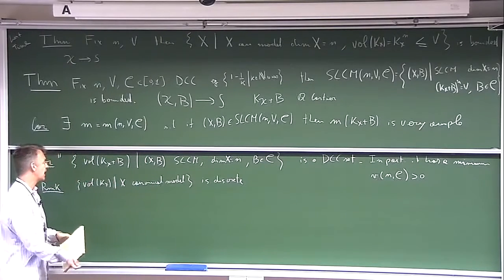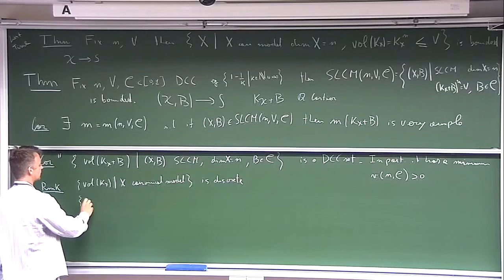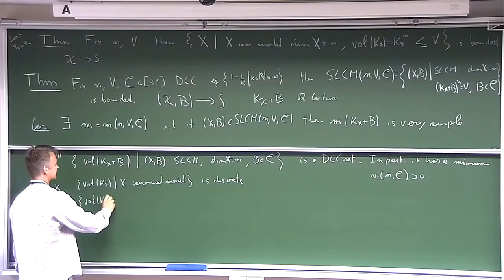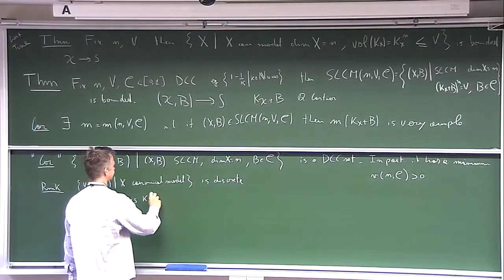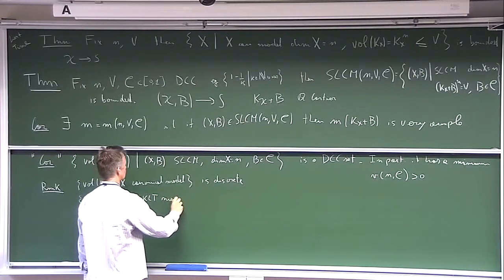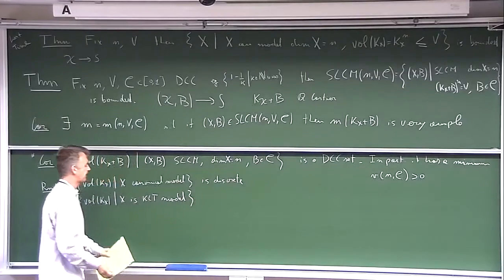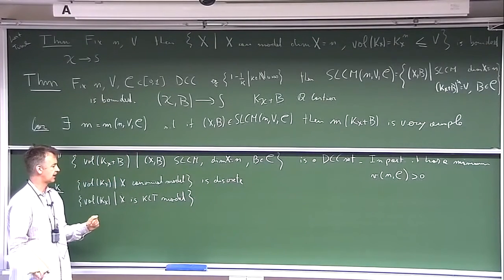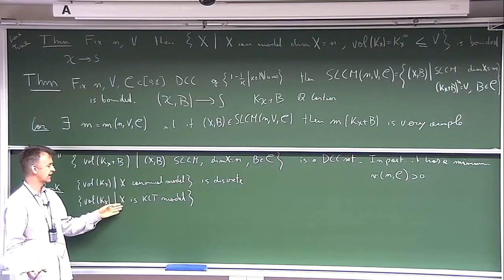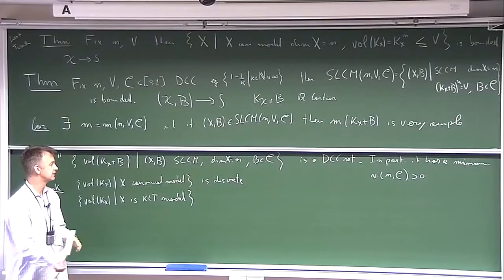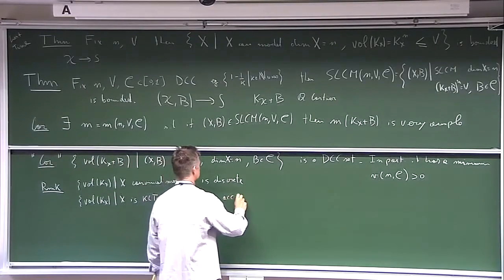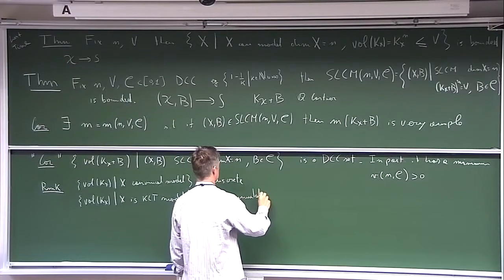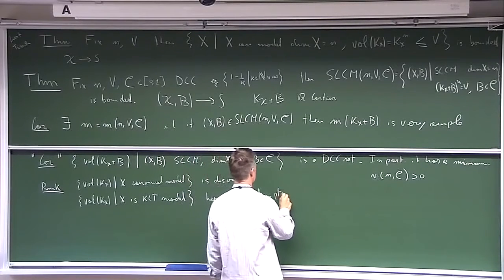So clearly, however, if I just look at the set of volumes of K_X with the property that X is, let's say, a KLT model. I haven't formally defined KLT model, but by that I mean that the class of K_X is a Q-Cartier ample divisor, and it has KLT singularities, then this actually has accumulation points from below.